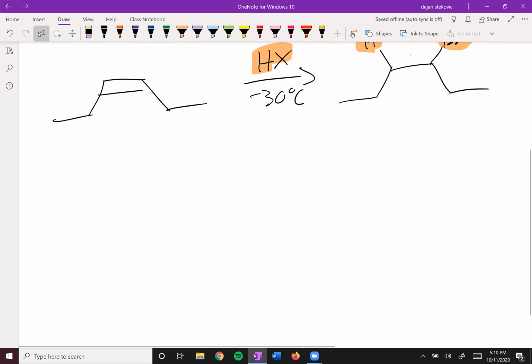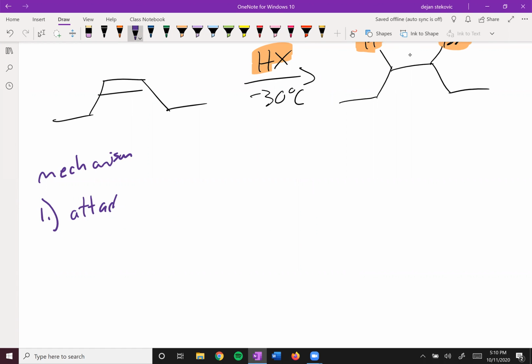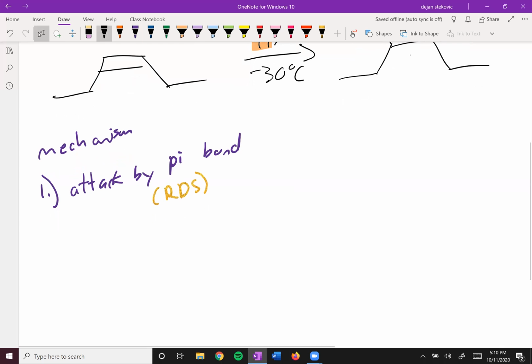And so let's think about the mechanism here. The first step is going to be attack by our pi bond. And this is going to be the rate determining step. So this is going to be the most important step.